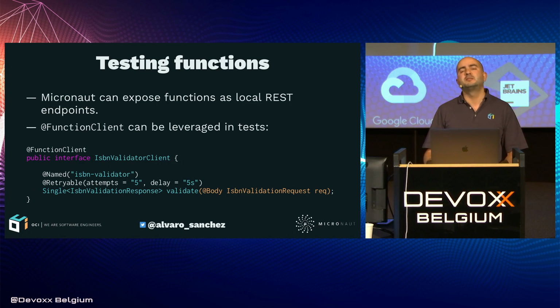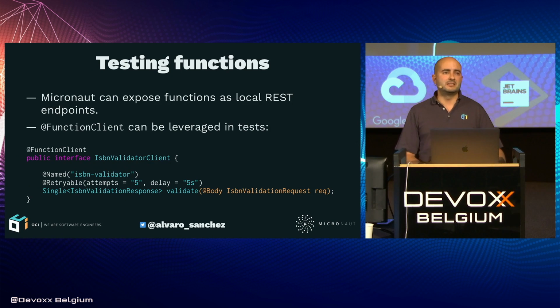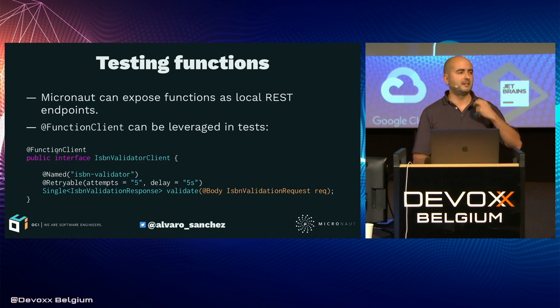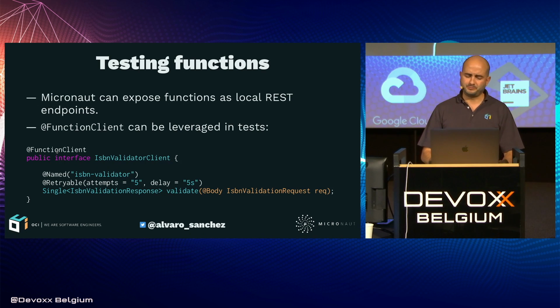So the first approach would be to test them as REST endpoints. That's something that Micronaut takes care of for you. For each of the function beans in your application, Micronaut will expose them as REST endpoints. So you can grab any HTTP client, or actually a function client, which is a specialized version of the HTTP client we saw before, and then make requests to your function. This function client is aware of the environment where it's running.